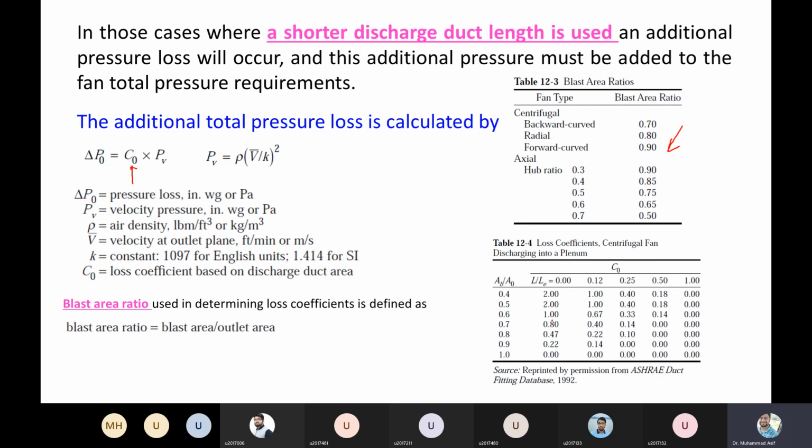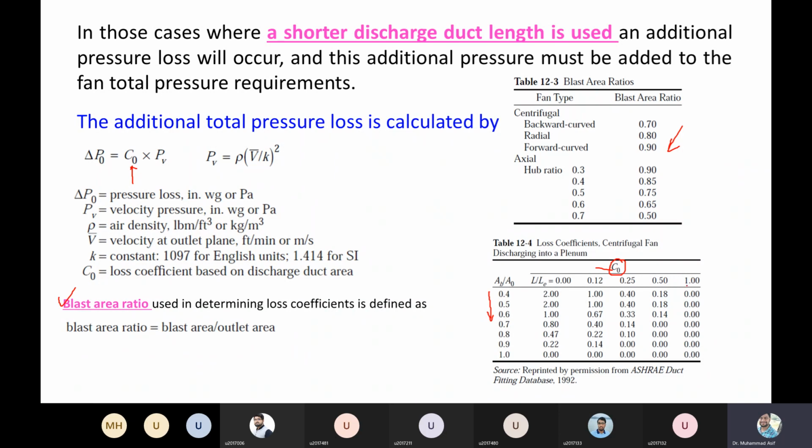As you can see in this figure, AB means the blast area, A naught means the outlet area. So this is basically the blast area ratio, right? For different values of the blast area ratio, you can have different values of the loss coefficient. So once you have the loss coefficient, you can put it here and get the value of the total pressure loss, right?